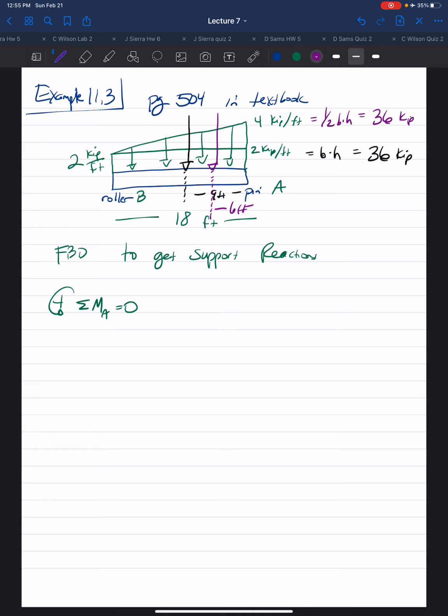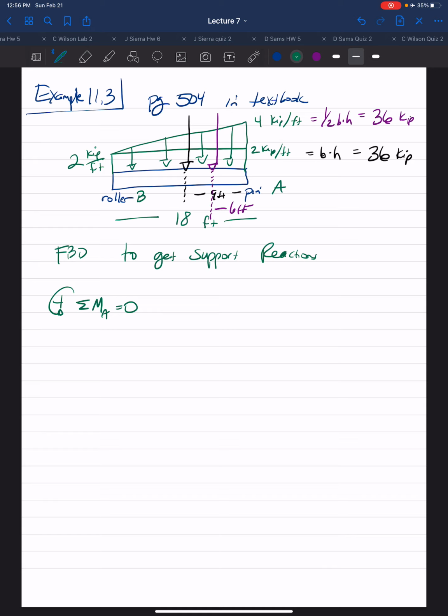So then back to solving for our support reactions. If we take the pin at A, the moment about point A, then this leaves the roller at B, and counterclockwise is positive.